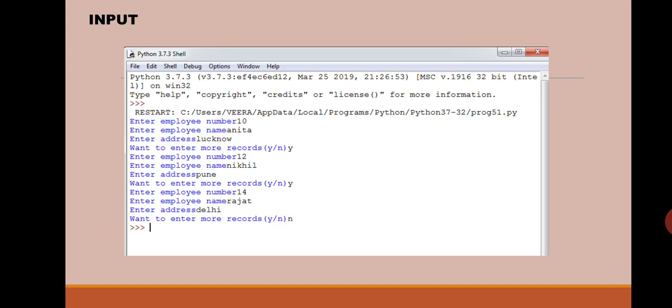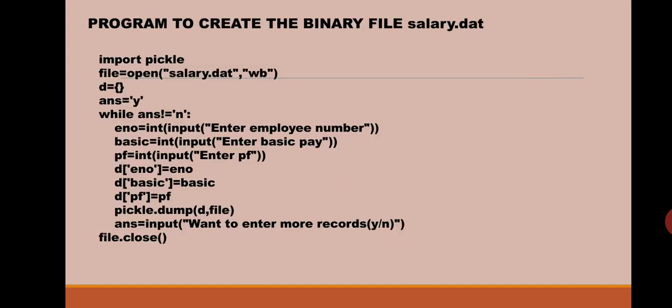Now in the same way I'll be creating the file salary.dat. See, again the module is imported, then the file is opened in the writing mode, and again the same loop is started. Now the data for a particular employee number is entered. The data is basic pay and PF.